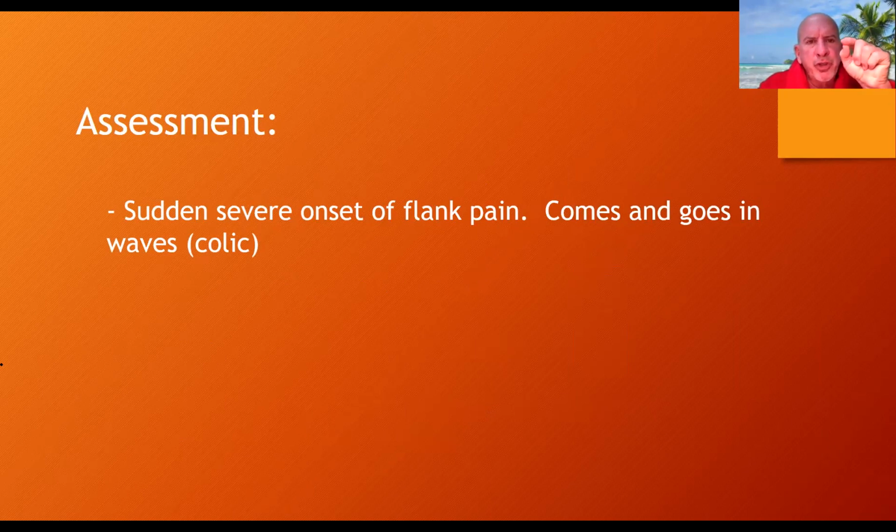Therefore, usually if a stone works its way through the ureter and into the bladder, going from the bladder out the urethra is not a problem because your bladder is big and your urethra is a bigger tube than the ureters. So usually if you have a calculus that goes through your ureters, once it gets to your bladder, you're off the hook. But every once in a while you may get a bladder stone, which is much bigger, and that can block your urethra. And then you have a real problem.